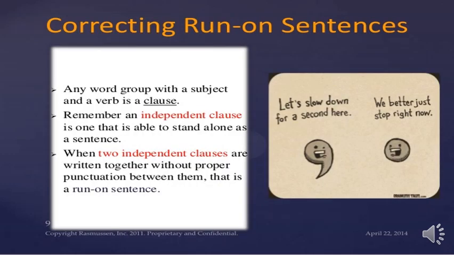You know, dear students, that any word group with a subject and a verb is a clause. And you know that an independent clause is one that is able to stand alone as a sentence. This is called an independent clause. When two independent clauses are written together without proper punctuation between them, that is a run-on sentence.